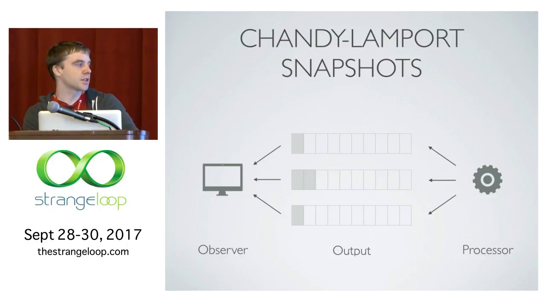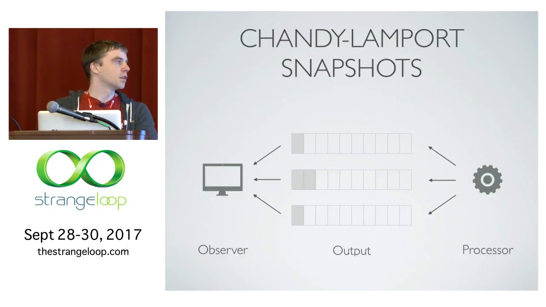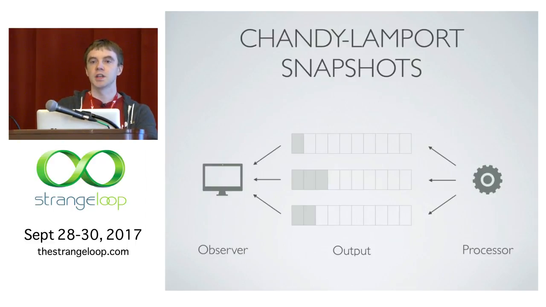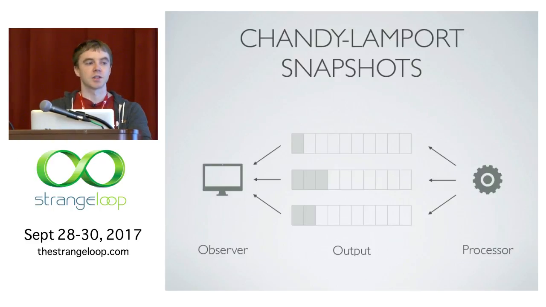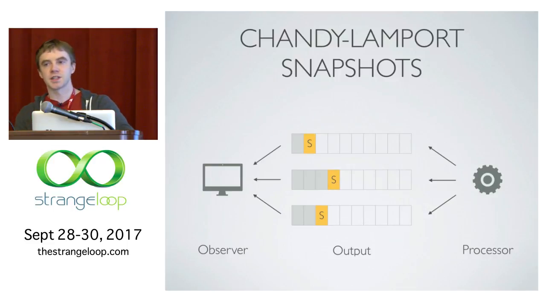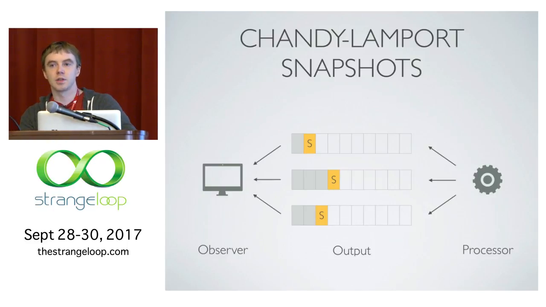So the way this works is the processor is writing data to the log, and then when it's reached some kind of consistent point, it writes these marker messages to the log, like the snapshot marker. It writes it out on all partitions. As soon as the observer sees it on one of those partitions, you basically mute that partition, and then wait for it to come on all of the partitions.